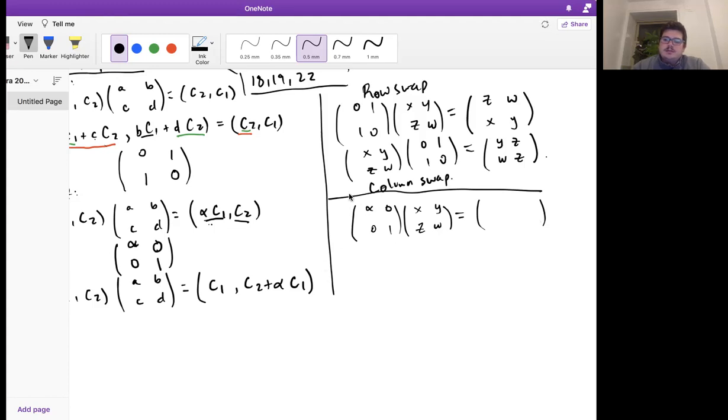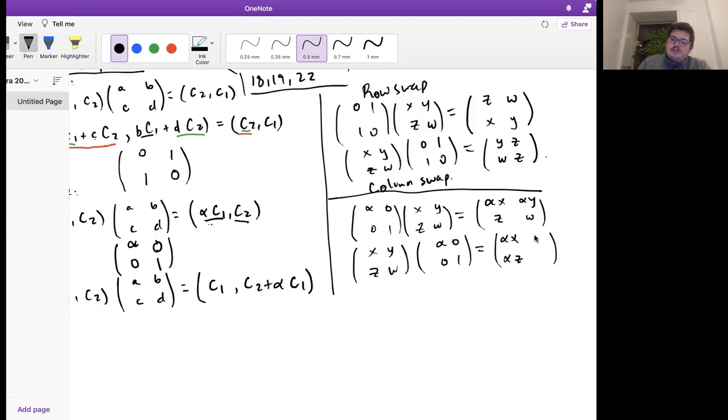Right, this is multiply row 1 by alpha. So it would be alpha x, alpha y, z, w. But if you do the same thing, but multiply on the right instead, then you get multiply column 1 by alpha.